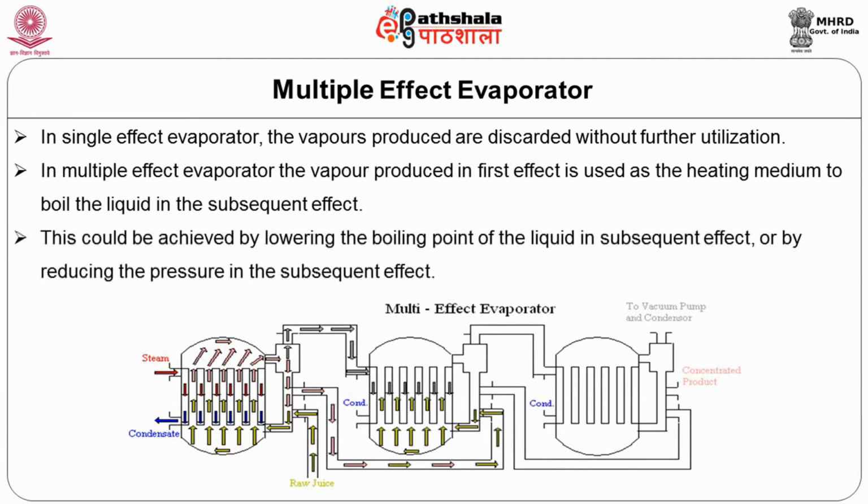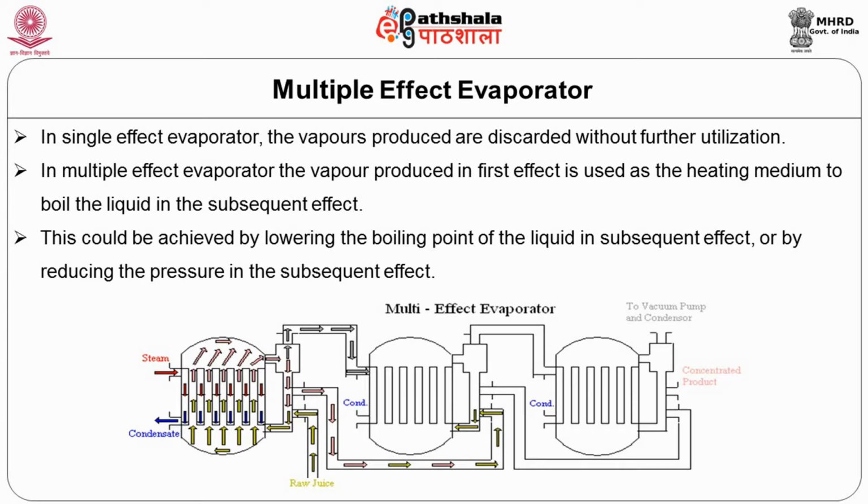This could be achieved by lowering the boiling point of the liquid in the subsequent effect or by reducing the pressure in the subsequent effect. Most of the food industry uses multiple effect evaporators to save energy.